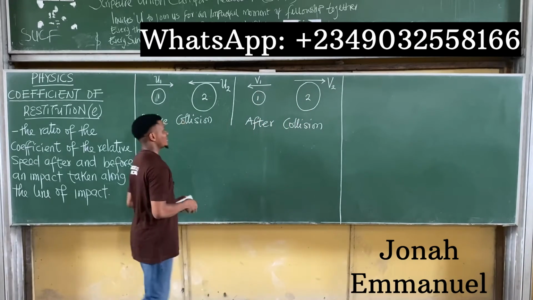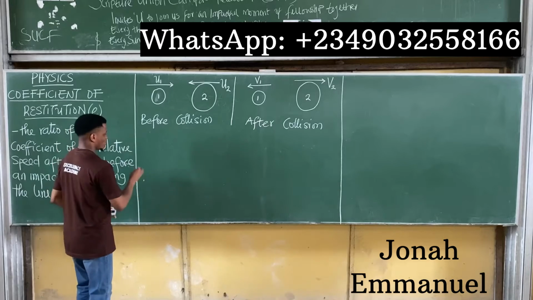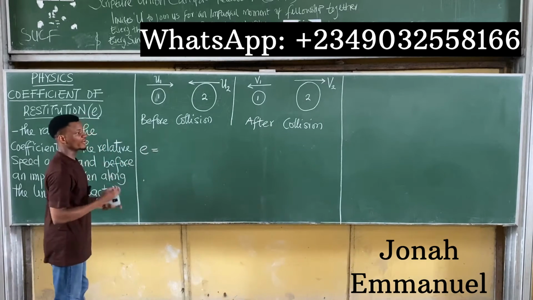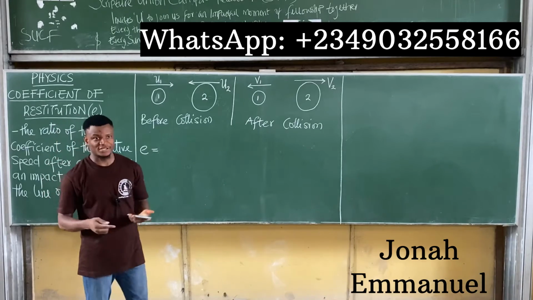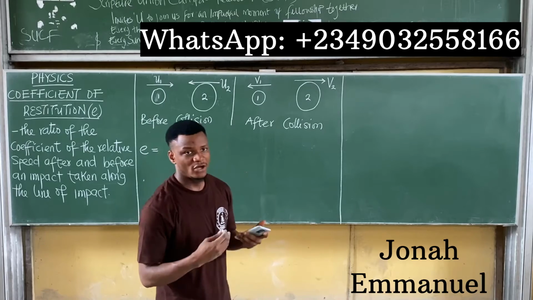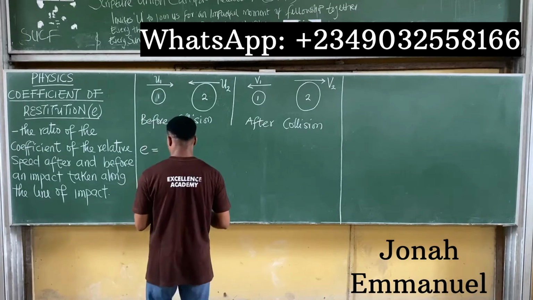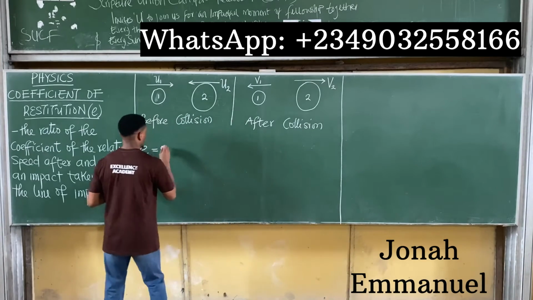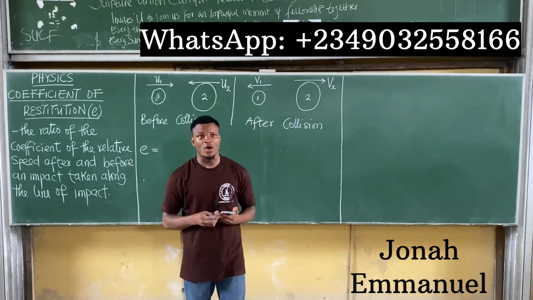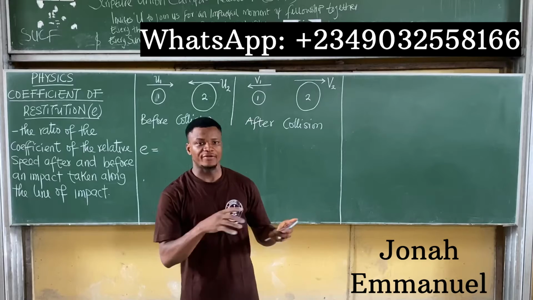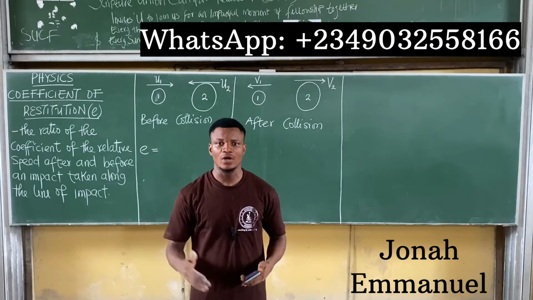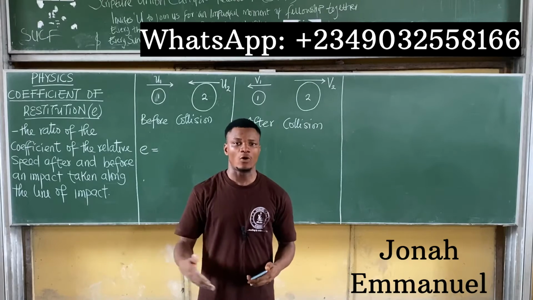Now, in this case, the coefficient of restitution E is equal to the ratio of the relative velocities after collision to the relative velocity before collision.